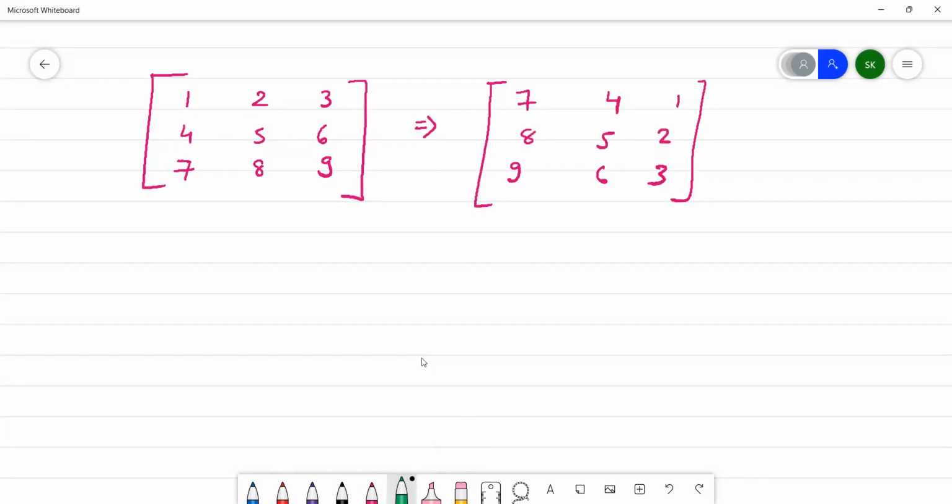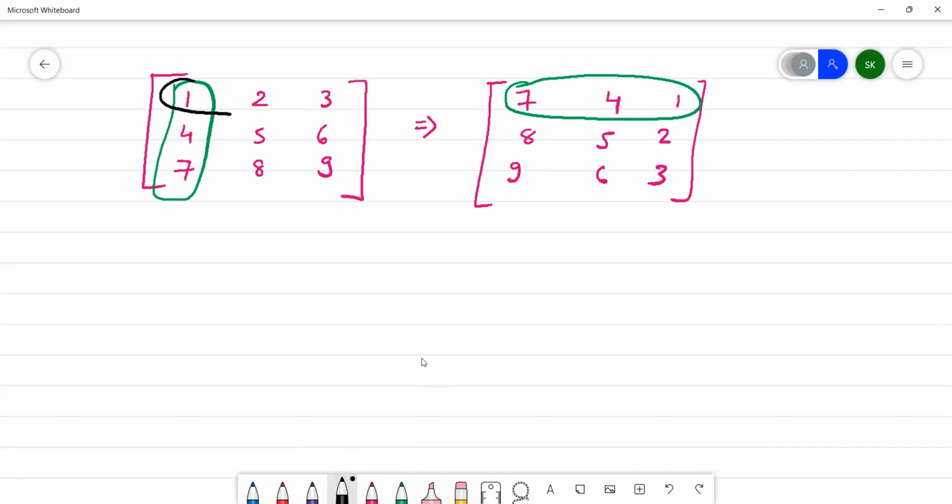Okay, now let's notice what changes are being done here. You all can see that the first column is changing into your first row. Yes or no? Your first row is changing into your last column.